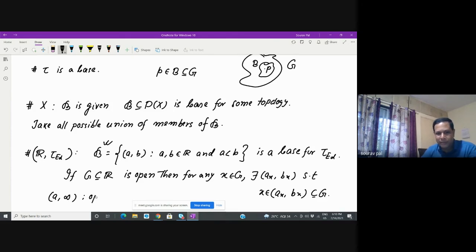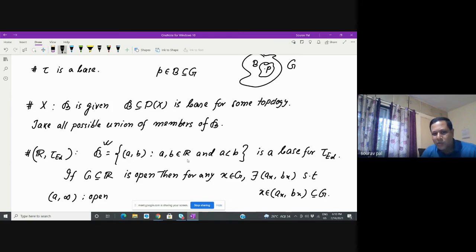So this is open, but it is not there in this collection. Okay, so you understand, a base could be smaller than the original topology. The original topology is always a base, but this is something smaller.